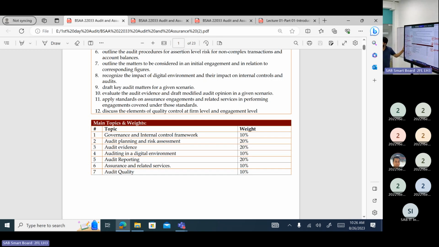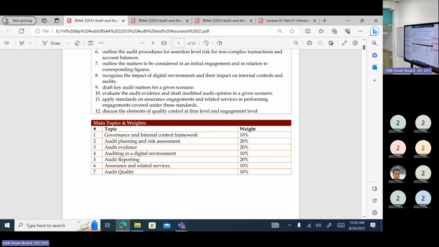Once you are discussing the control, we have three different stages. You have to design your control. You have to implement your control. You have to operate your control. Think about the control. Are you going to design that? Are you going to implement that? Operate that?